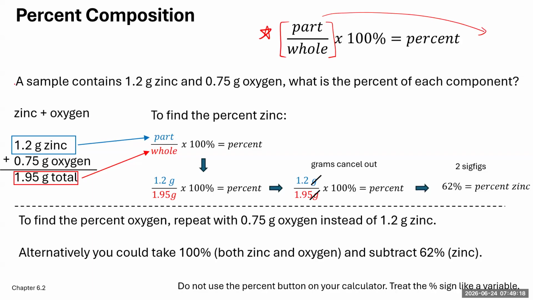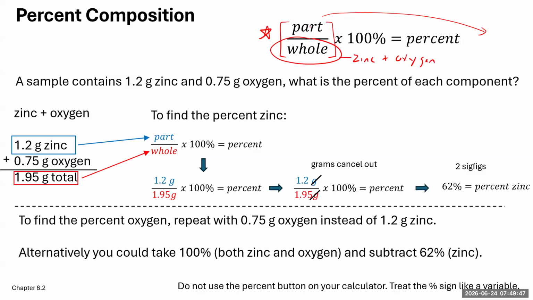So let's say a sample contains 1.2 grams of zinc and 0.7 grams of oxygen. We don't know what it is. We don't care what it is. We just know that's the percentage, right? That's all we know. And they're asking what the percent is of each component. So if we look at the part and whole, the whole thing is the zinc and oxygen, right?